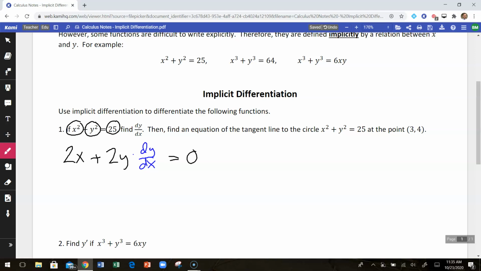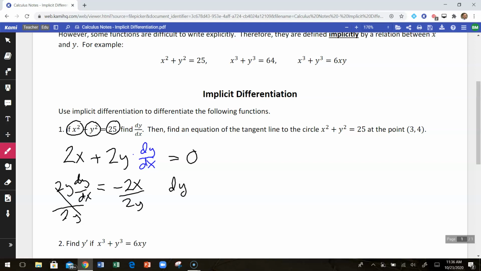Technically that's my derivative, but we want to isolate dy over dx, so I'm going to solve for dy dx. I subtract 2x, so 2y dy over dx is equal to negative 2x, and then I divide by 2y.